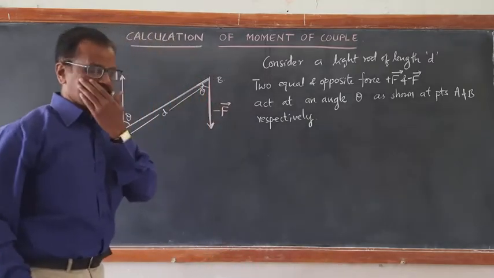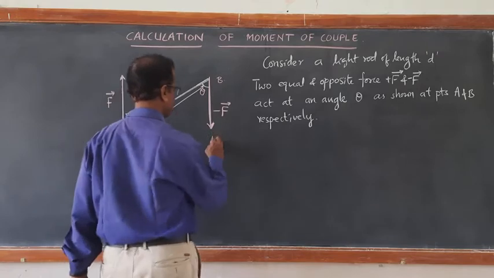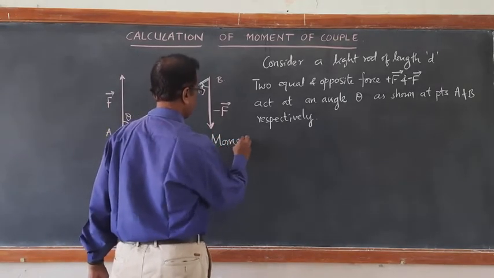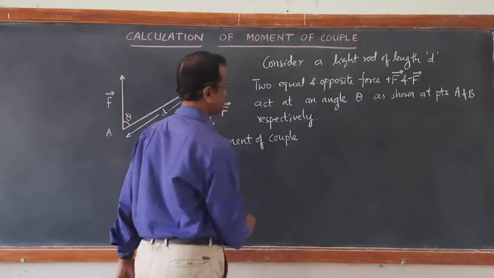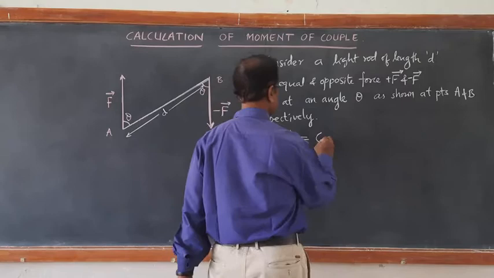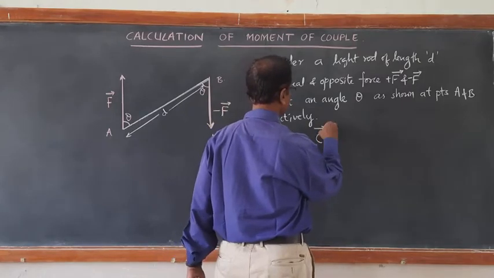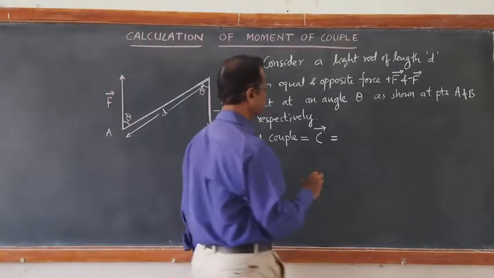Now by yesterday's definition, we will calculate the moment of couple. Moment of couple is a vector quantity. It is nothing but torque due to couple. You can denote it by C, or you can also denote it by tau, torque due to couple.